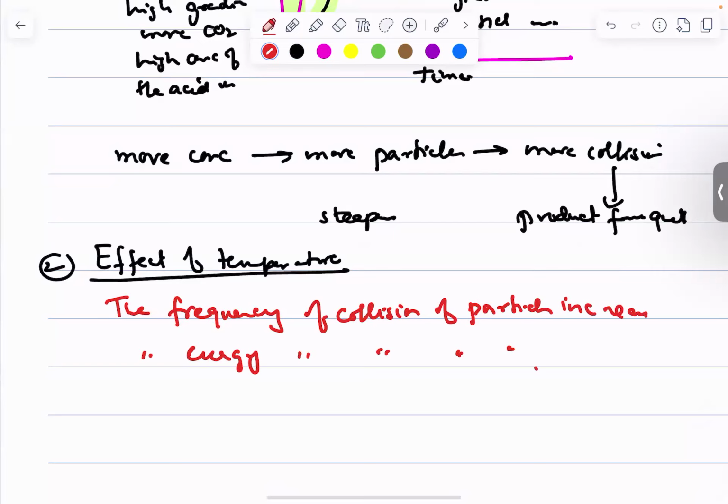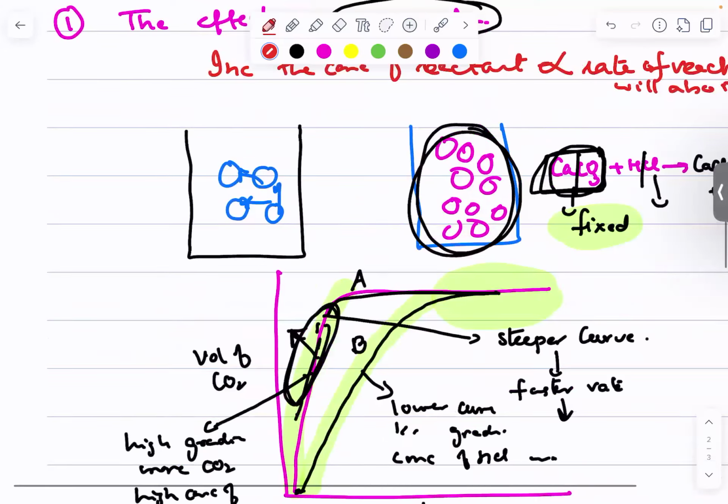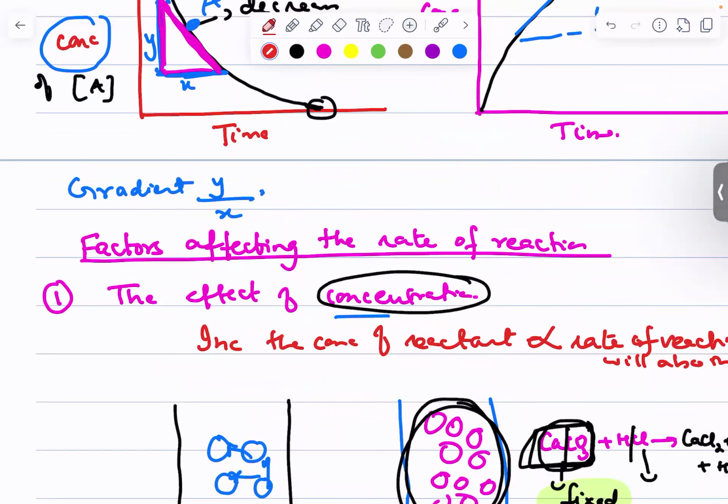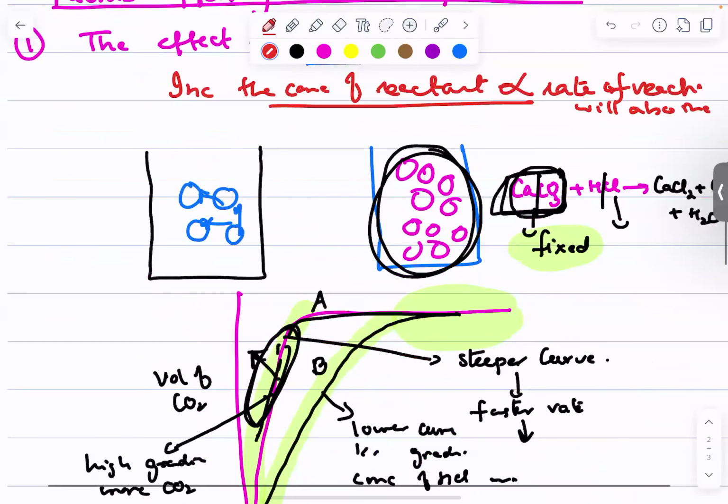Is it clear? That is why the rate will also increase. So may I write that temperature is directly proportional to rate, that increasing the temperature increases the rate. And same here, the concentration is directly proportional to the rate, that increasing the concentration increases the rate. I hope it clearly makes sense.